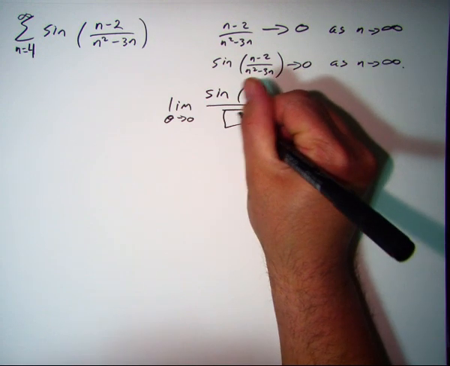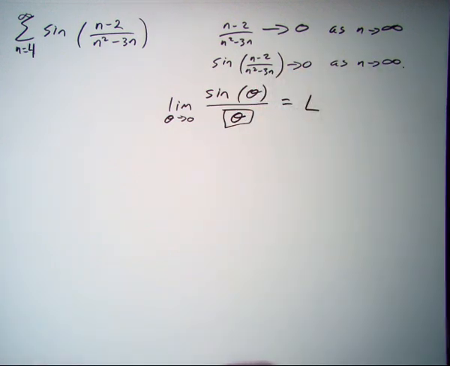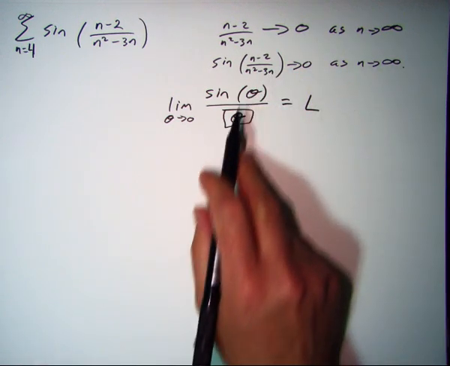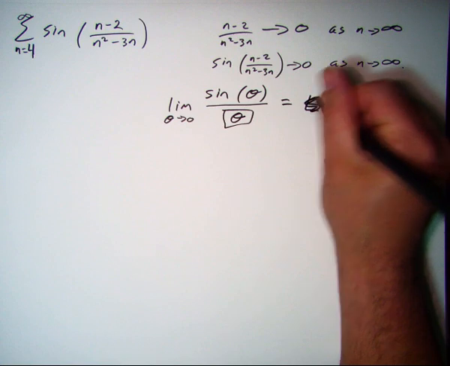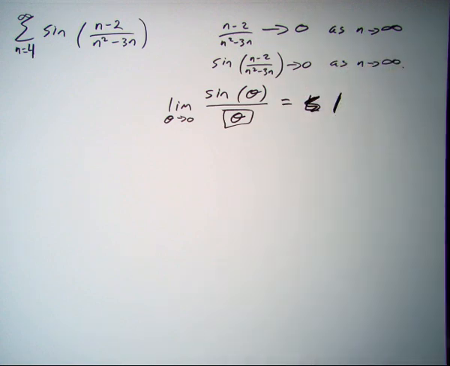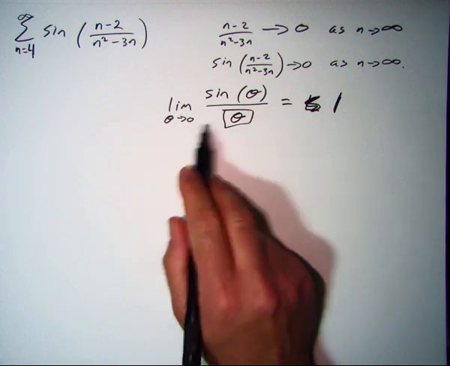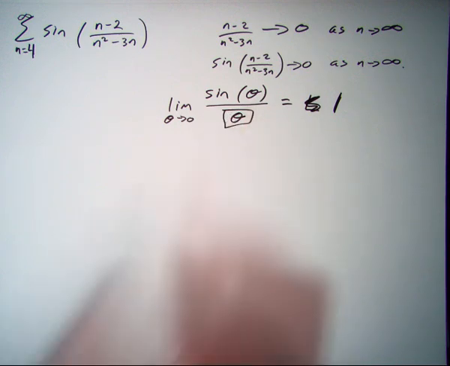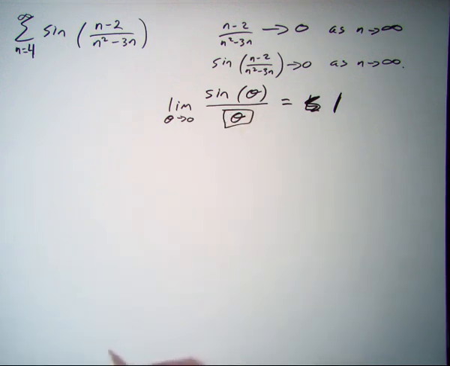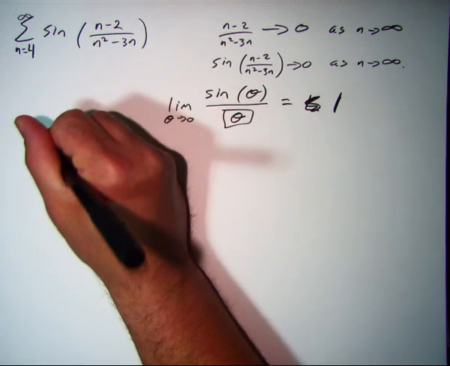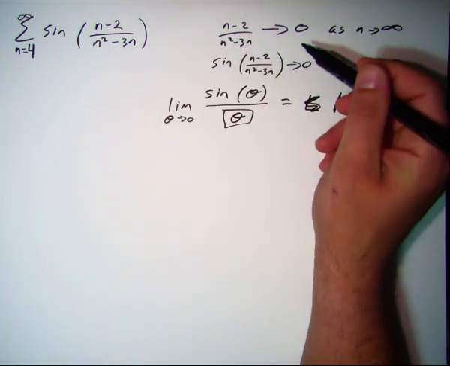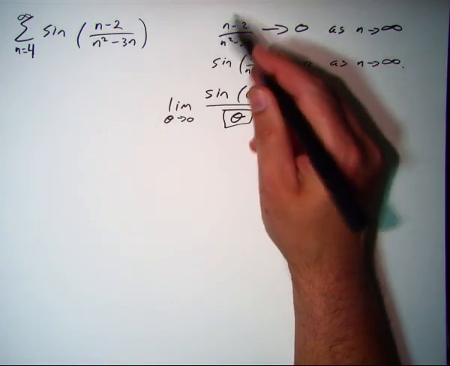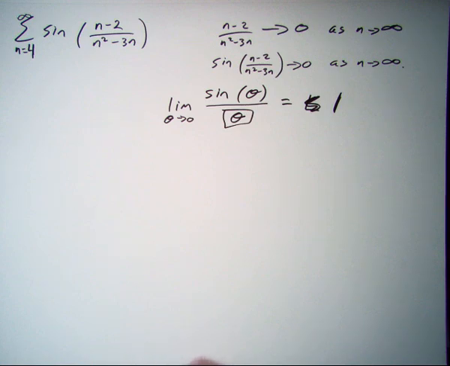Well, in that case, this just needs to be theta. If I can do that, sine theta over theta, forget L, that goes to 1. That goes to the nicest positive number. And so that's what I need to compare my series to. So I need to do limit comparison with (n - 2)/(n² - 3n).